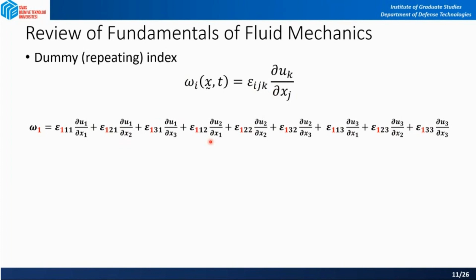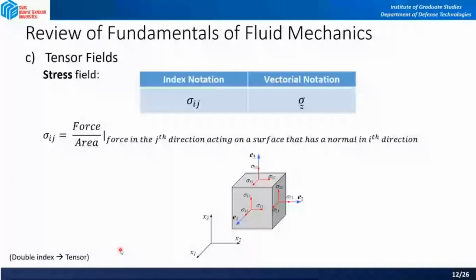Regardless of the substance, which could be fluid or solid, stress exists in both of them, and stress is a second order tensor. We generally use sigma for the stress. And for the tensor, as you can expect, we use double indices. So sigma ij is the index notation of any stress field.